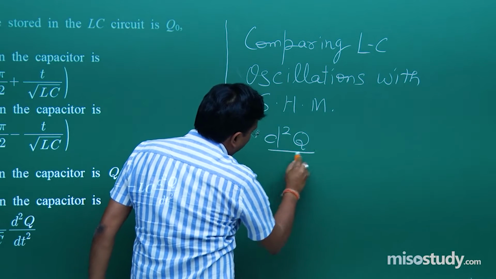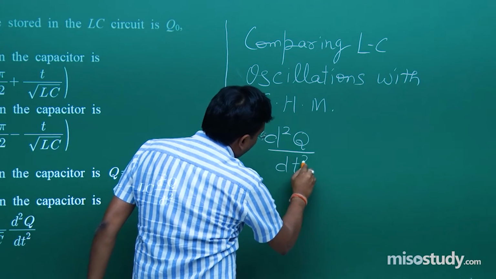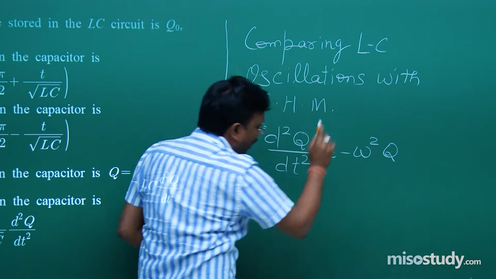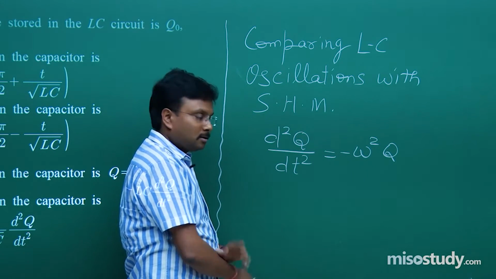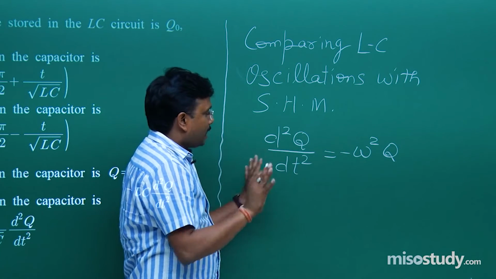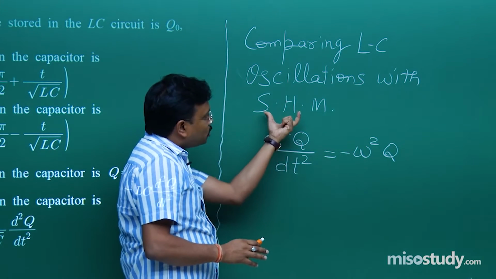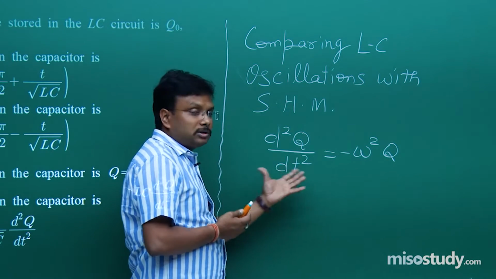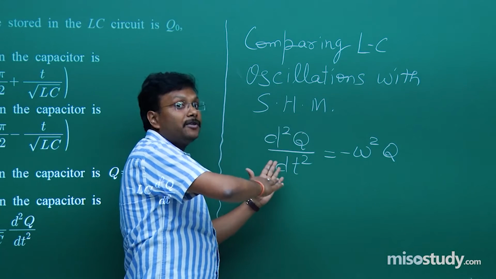d2q upon dt square is equal to minus omega square q. Fine, don't feel anything wrong. Why? Because now I am going to comparable equation, and that way you can say, oh, that is so beautifully correlated with this relation.